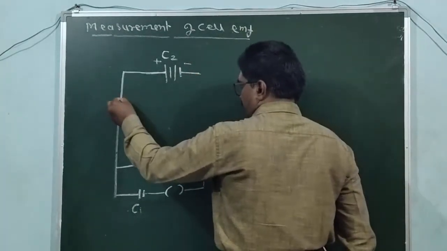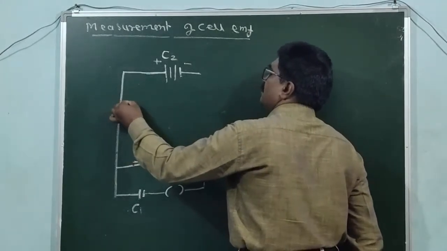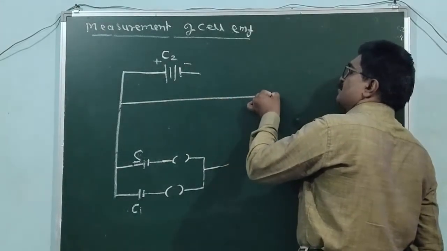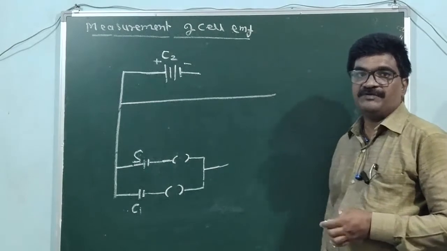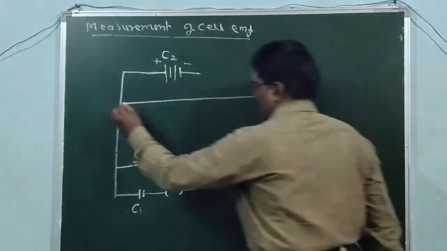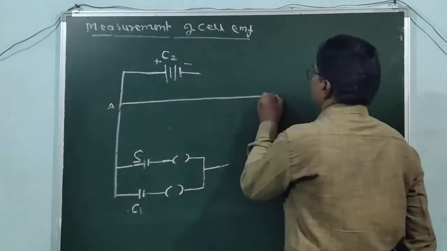Now there is a potentiometer. Potentiometer simply consists of a wire, what is called nichrome wire, which has uniform cross-sectional area. Say the wire AB is there.